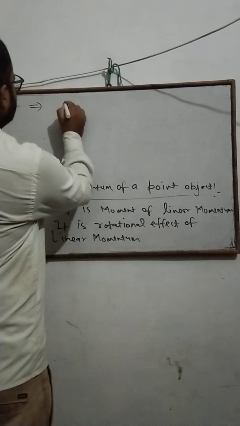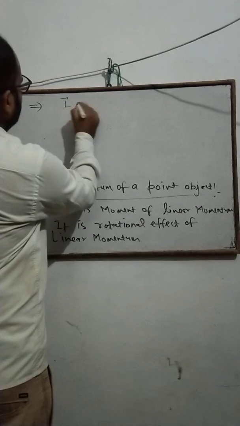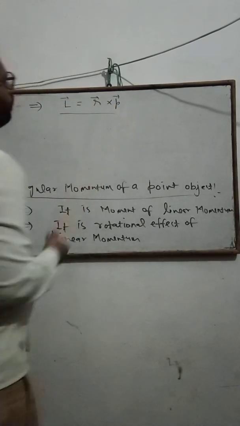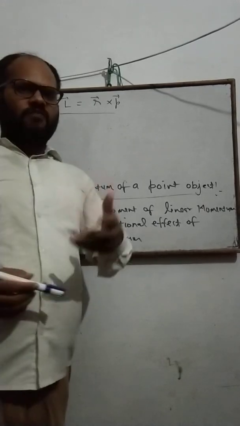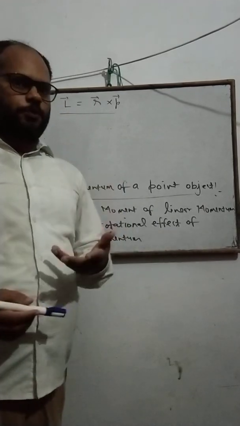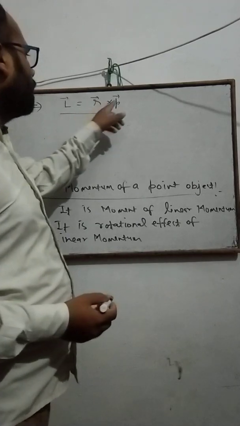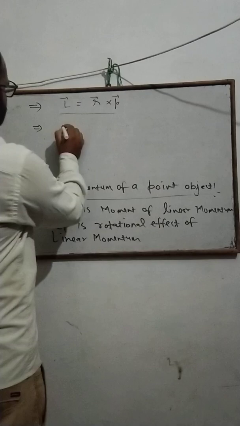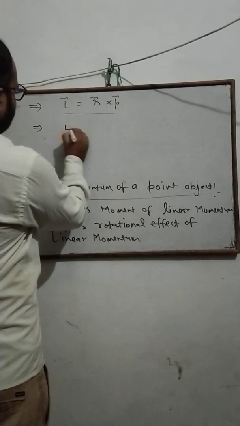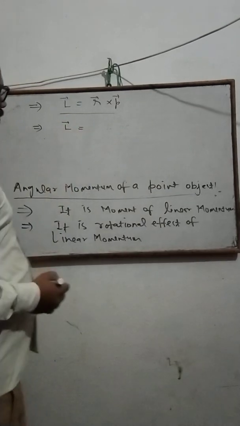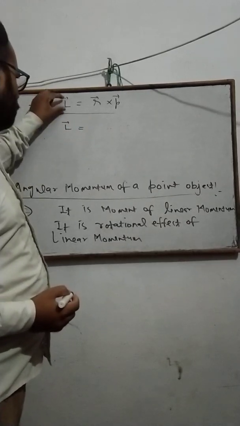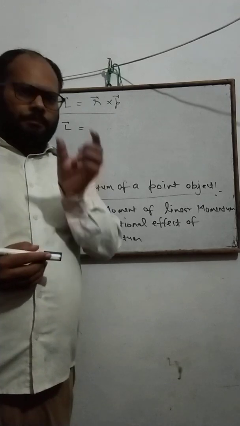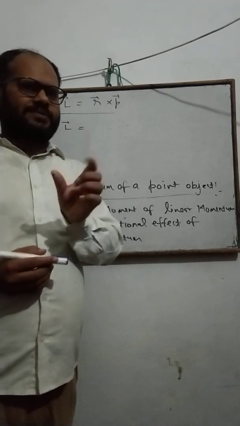It is given as L is equal to r cross p. As you all know, the moment of any physical quantity is given by a cross product. So L equals r cross p. This angular momentum is a vector quantity, so it will have magnitude as well as direction.